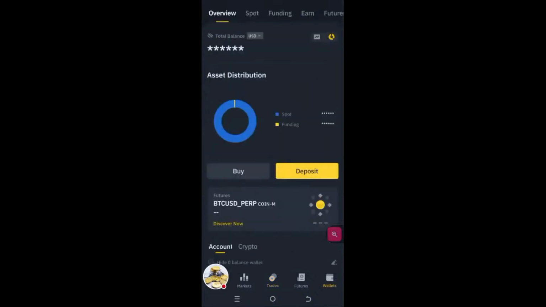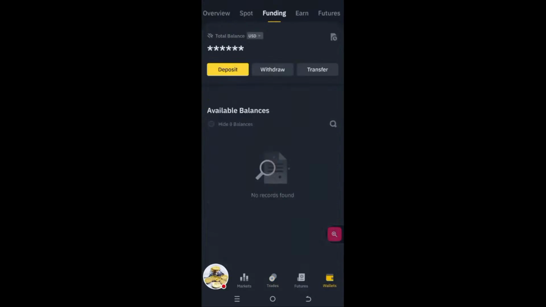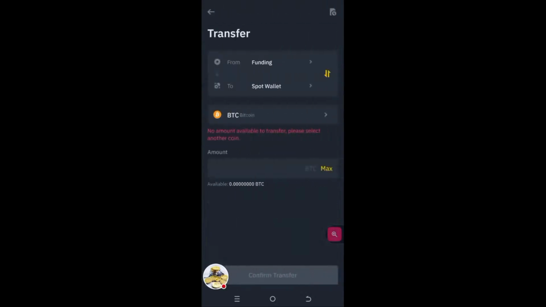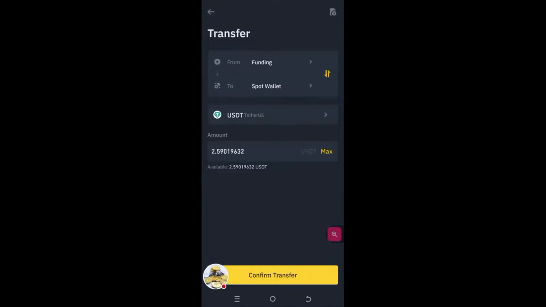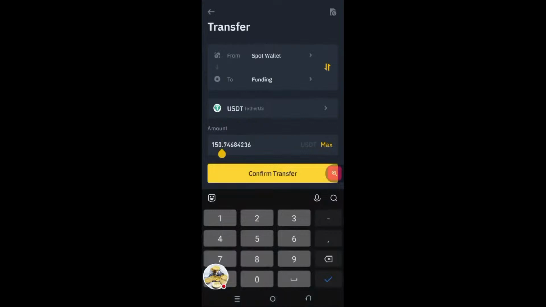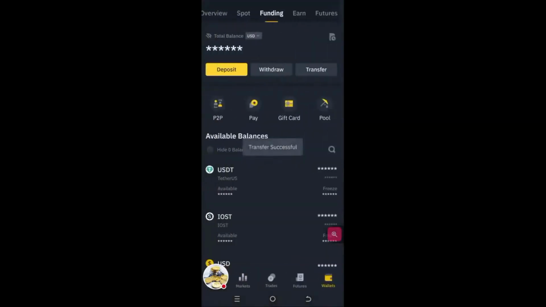Let me ship out the profit. Transfer. Okay, ship out the profit, and then we will just remove that so that we can check the others. That was 74 cents. Perfect.